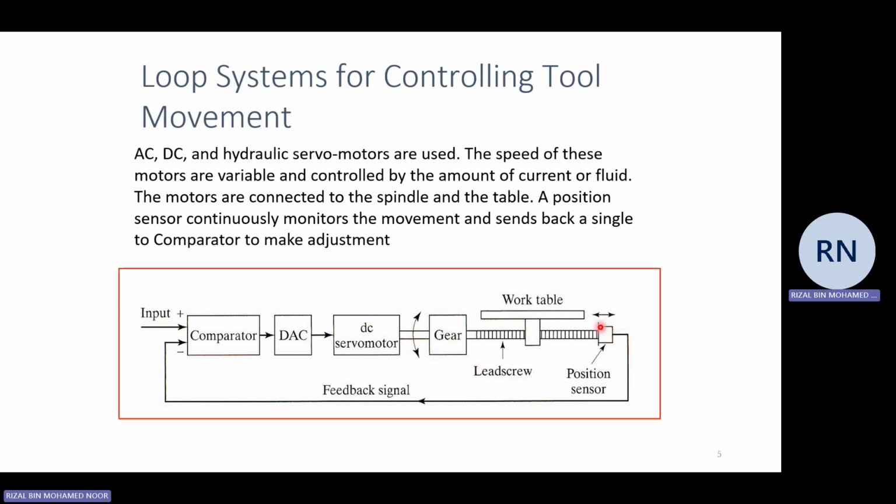And on the side of the table, we have a position sensor to feed back the signal and send it back to the comparator for the position of that table.